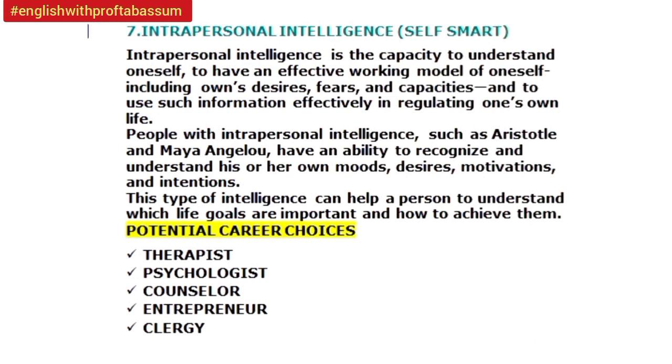People with this type of intelligence can understand their own moods and their own intentions very, very clearly. Examples would be Aristotle and Maya Angelou. People with this type of intelligence can have a career as a therapist, psychologist, counselor, entrepreneur, or clergy.